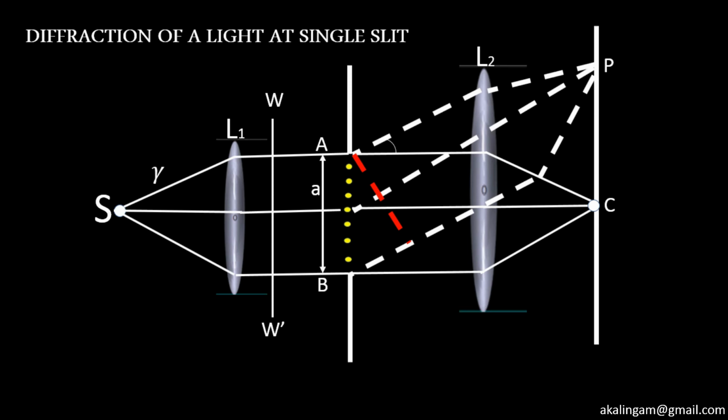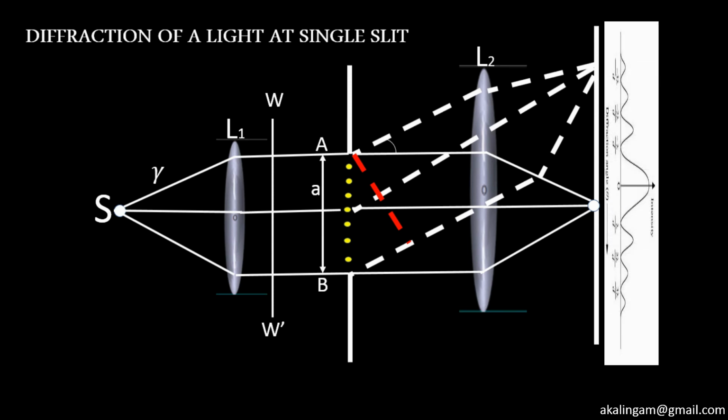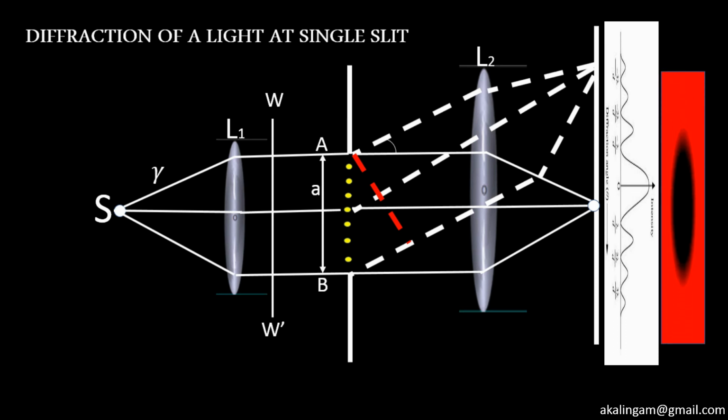Next, this is the setup of diffraction of light at a single slit. This is the whole setup. Now we are seeing the intensity distribution curve of central maxima, secondary maxima and minima. Here you are seeing the central maxima. As I said before, at the central maxima the path difference is equal to 0, so it gives a bright band.